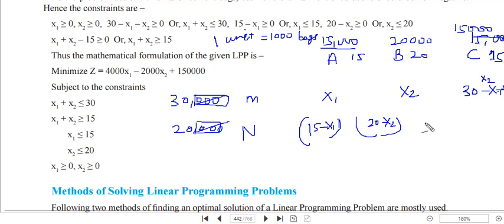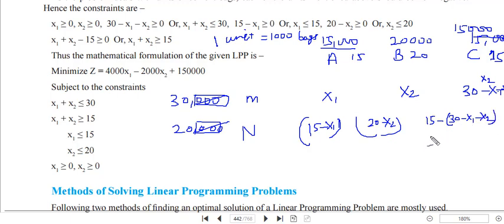Similarly on C, as you know, the requirement is 15 units only, right? And 30 minus X1 minus X2 units are supplied by center M. So how much can N supply so that this 15 unit requirement is fulfilled? 15 is the requirement, out of which 30 minus X1 minus X2 is already supplied.